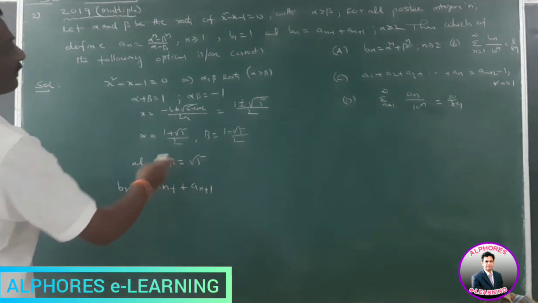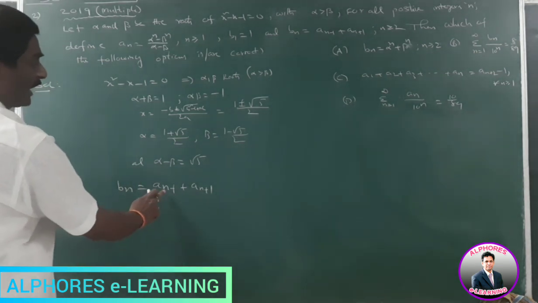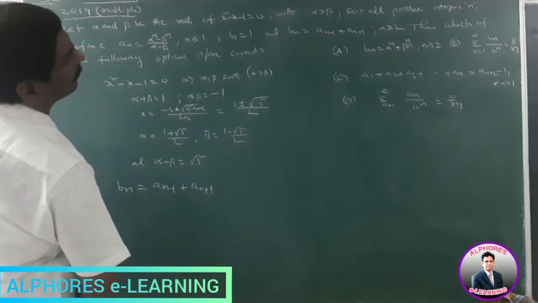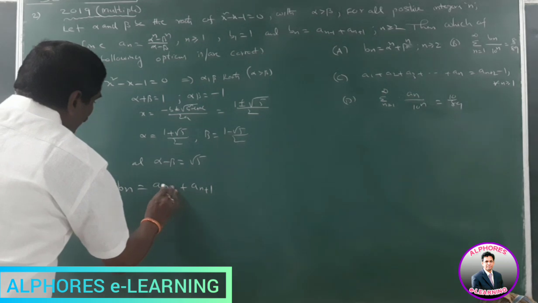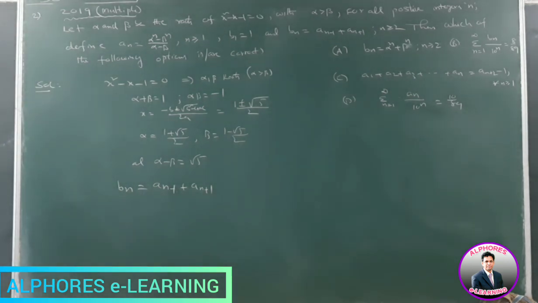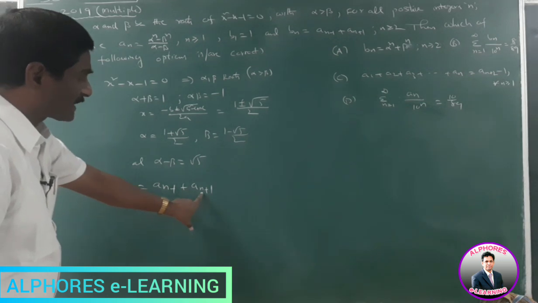bn is equal to an plus 1. That means b1 is equal to a1 plus a. bn is equal to an minus 1 plus an plus 1. Now, we take the bn value. What is the value of bn? a suffix n minus 1 plus a suffix n plus 1.